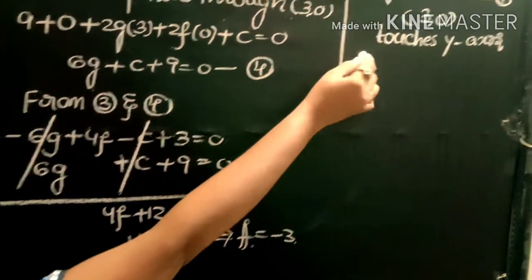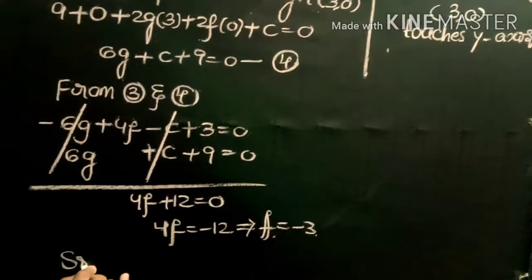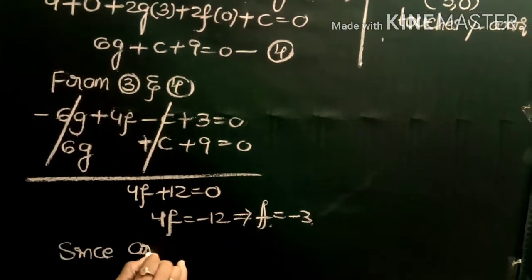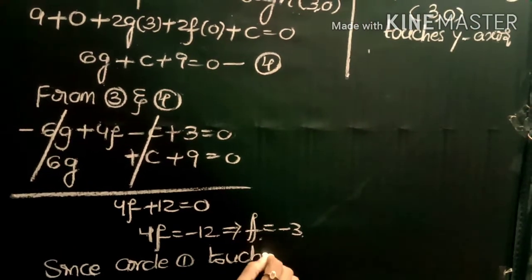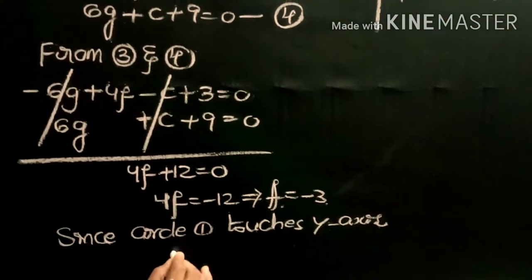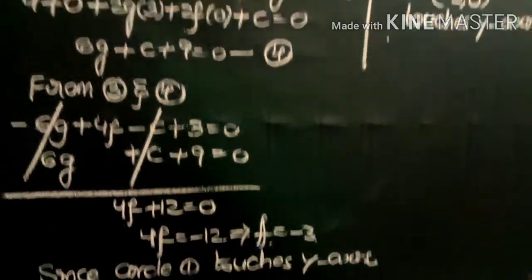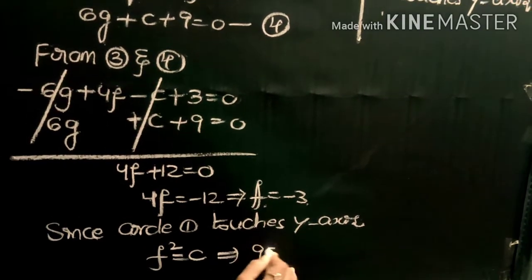Already the other given condition is that the circle touches the y-axis. Since circle equation 1 touches the y-axis, the condition is f square is equal to c. We have f equal to minus 3, so 9 is equal to c.